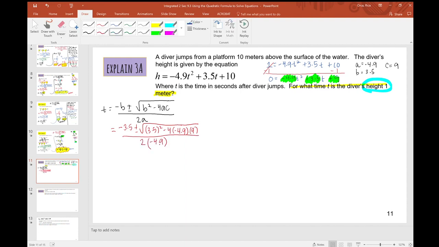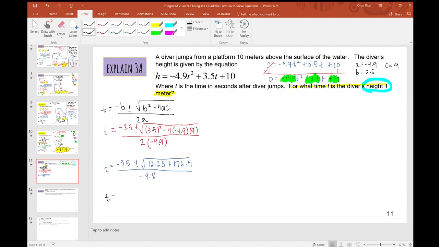So this is equal to negative 3.5 plus or minus the square root of, okay, we need 3.5 squared, which is 12.25, and negative 4 times negative 4.9 times 9 is positive 176.4, all over 2 times negative 4.9, which is negative 9.8.